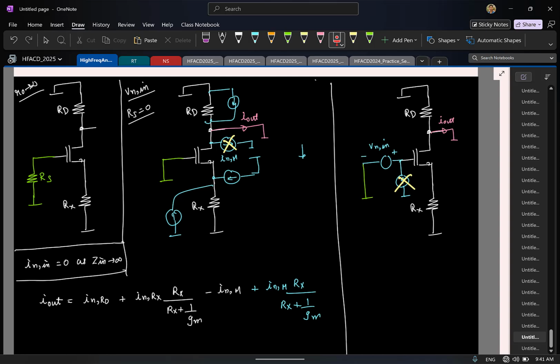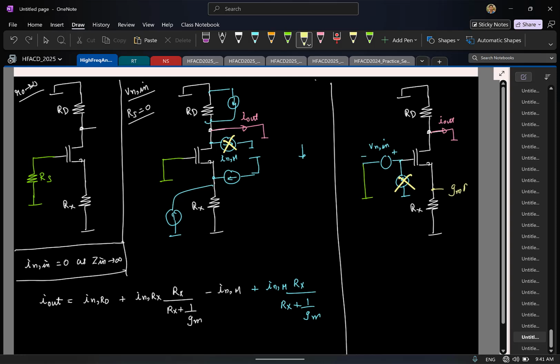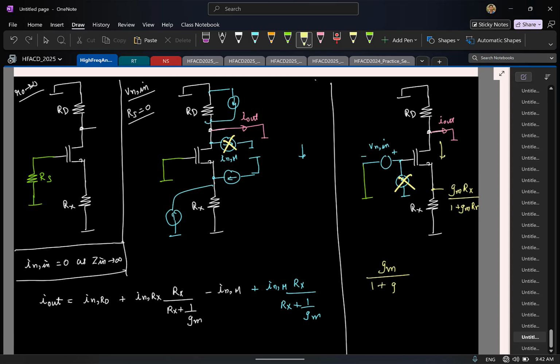Gm times Vn. Correct. How much will be Vx? GmRx/(1+GmRx). Source follower, I ignored R0 of the transistor. So what will be the current? This voltage divided by Rx. So the transfer function is Gm/(1+GmRx). This is the transfer function.